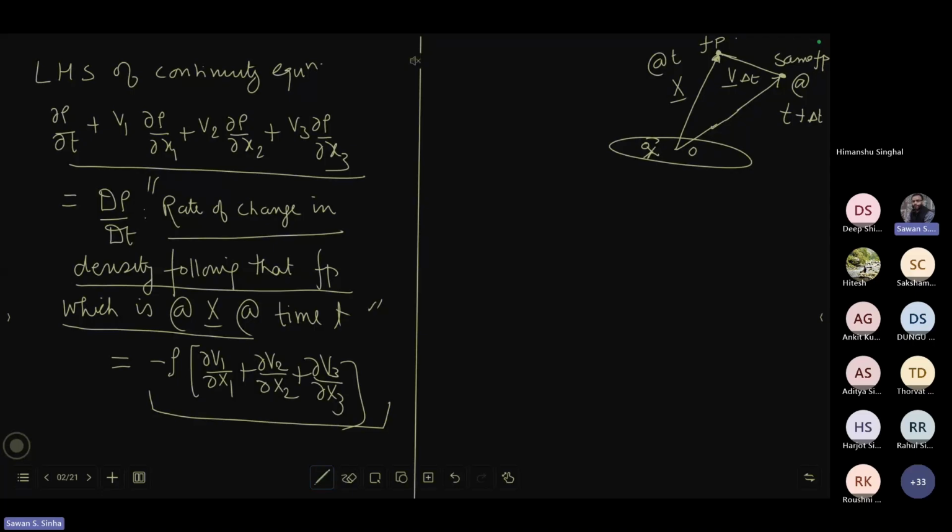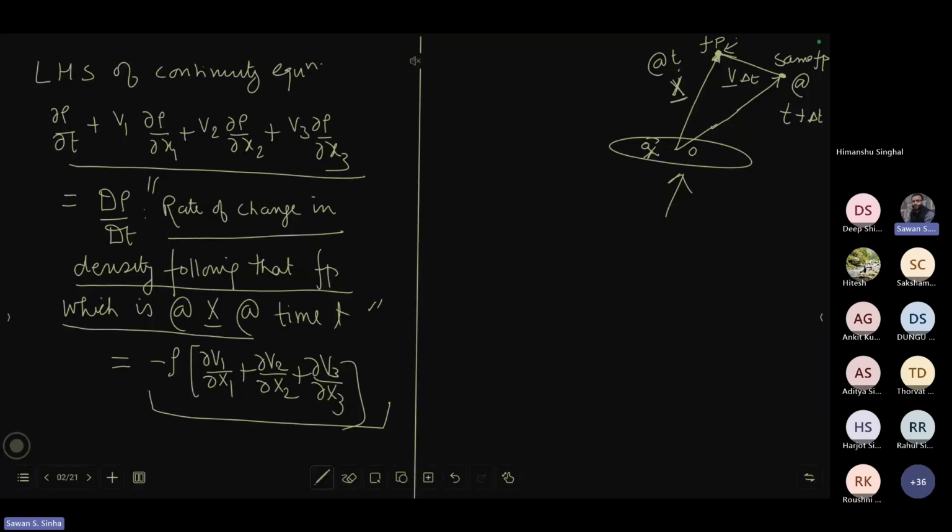That's what I'm showing here in the diagram, that once the derivation is over, this equation is telling me that if I focus my attention on this fluid particle here, which is at position vector x at time t, I measure density of this at time t.